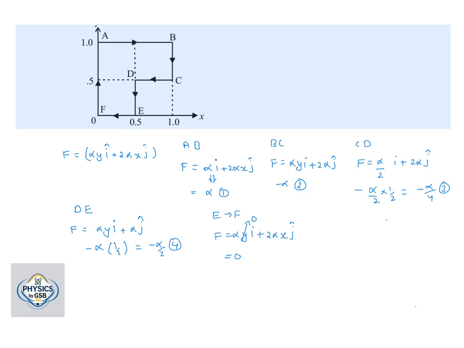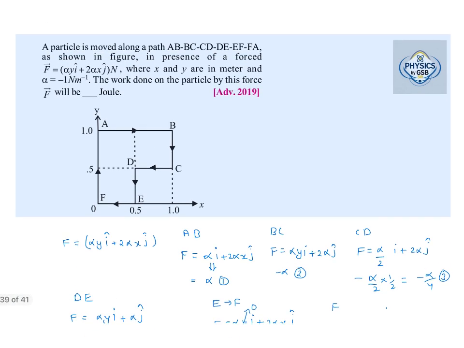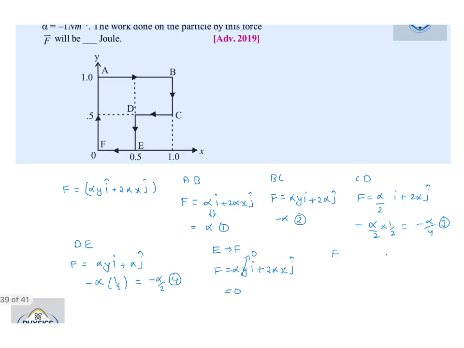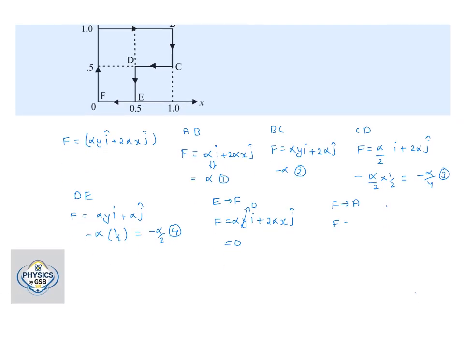And now last one, when we move from F to A. Right? So we are moving from F to A. Force will be given by alpha y I cap plus twice alpha x j cap.